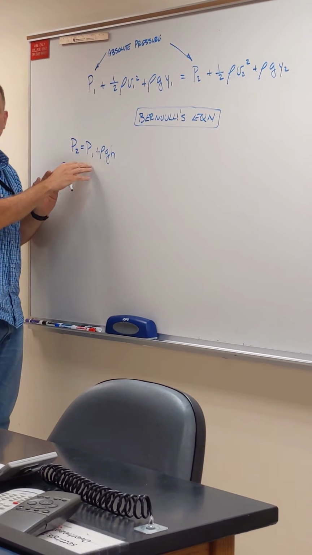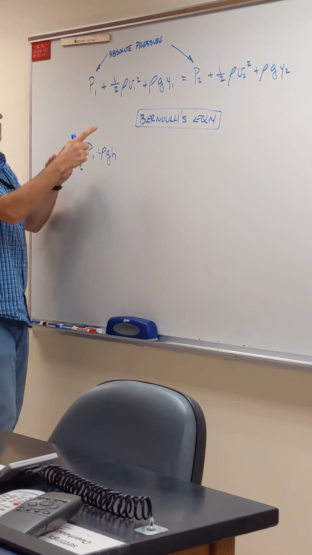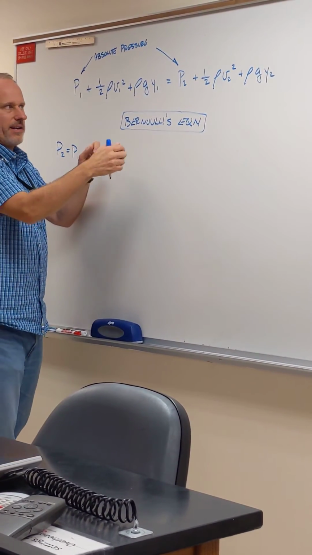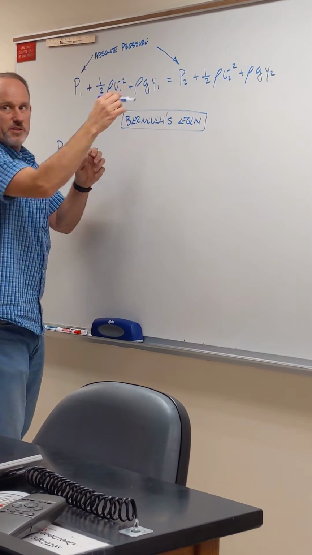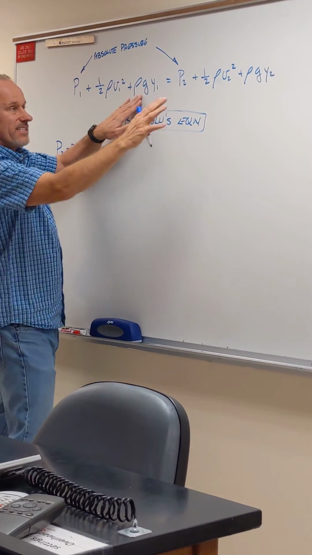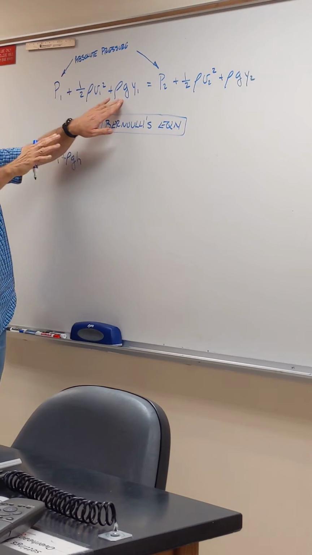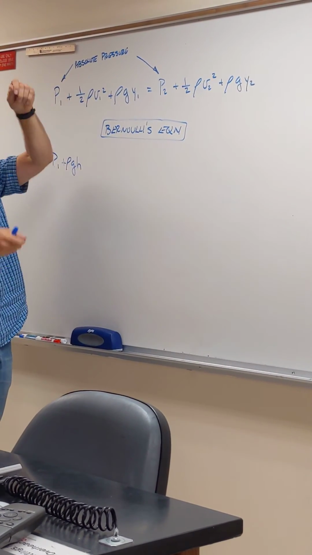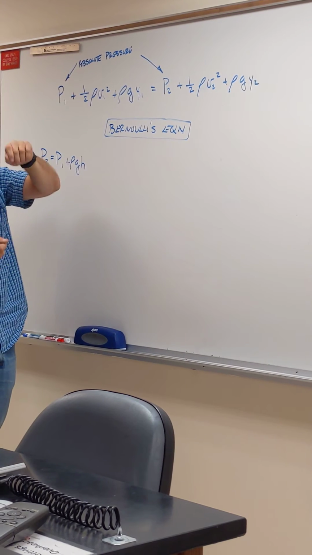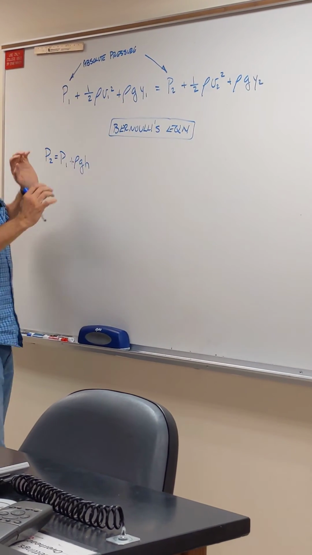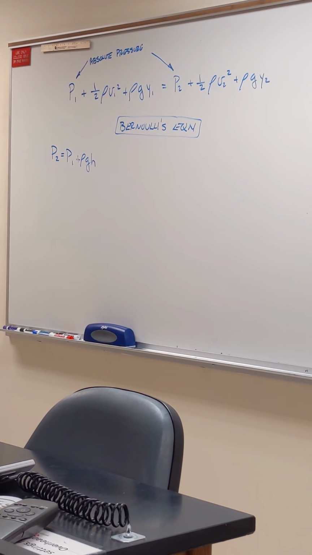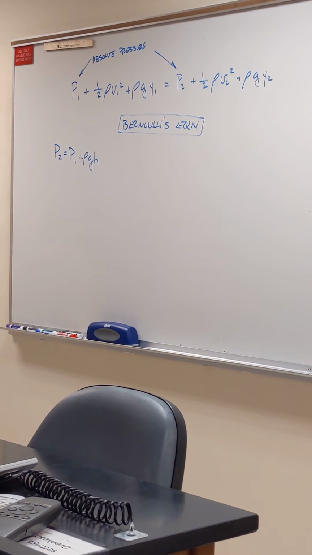Please do not double count by trying to say, oh, well, P2 is lower down, so I'm going to add something to this term to adjust for that. These guys here will do that for you. They'll take care of the rho g h part. It's a difference in height between P1 and P2. This is absolute pressure. The best way to figure this out is to do problems, and I'll show you exactly how to do this. Okay?